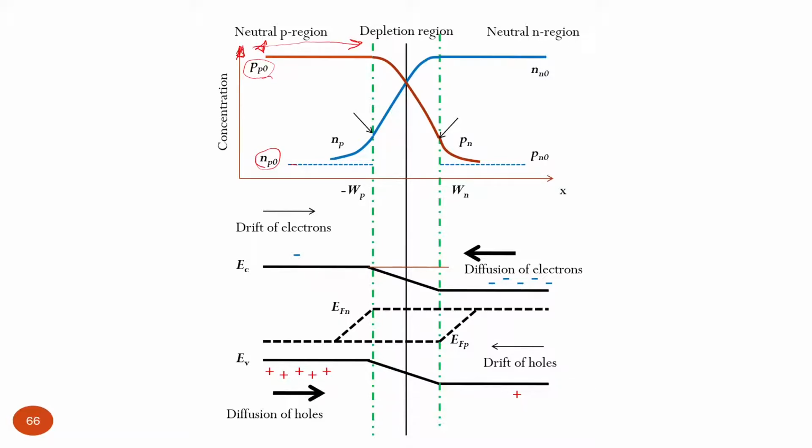for minority charge carriers. When we inject electrons, which are plenty here in the n-type semiconductor, into the p-type, we have quite high concentration at the edge of the depletion region in the p-type semiconductor.